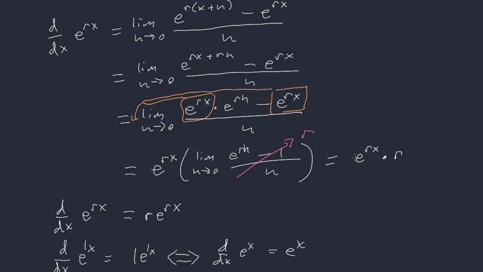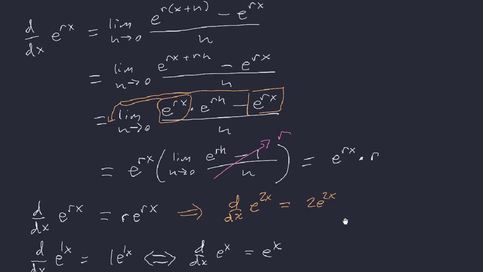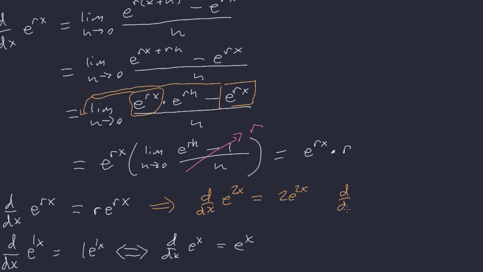Okay, so if we have some other constant, like the derivative with respect to x of, say, e to the 2x, we're going to get 2e to the 2x. If we have the derivative with respect to x of e to the 1/2 x, we're just going to get 1/2 e to the 1/2 x.